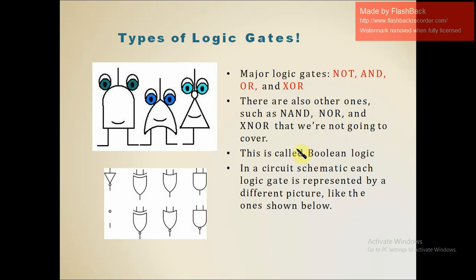This is also called Boolean logic. In a circuit schematic, each logic gate is represented by a different picture, like the one shown. Here is the NOT, AND, OR, XOR, XNOR, NAND. All the gates will be given in pictorial manner.